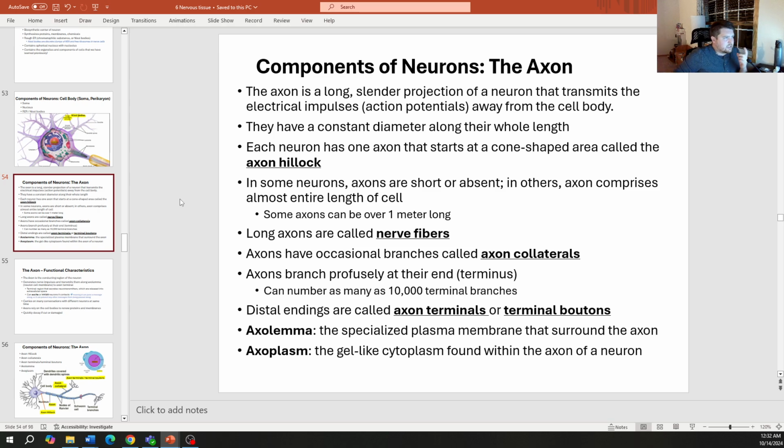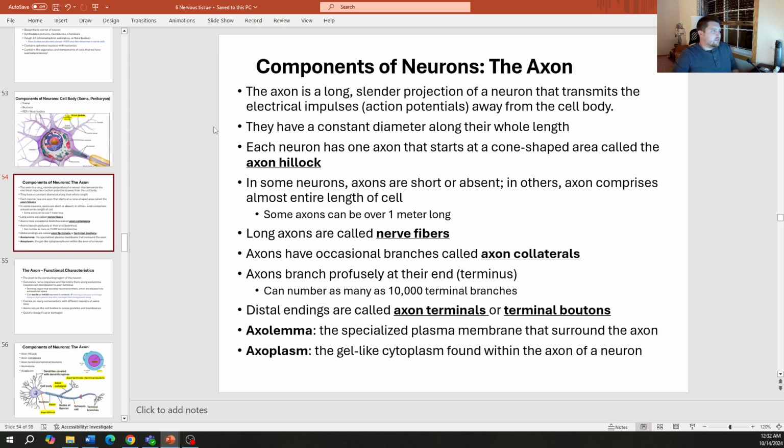Even though the cell body itself, I'm going to call it the soma, that makes things a little bit easier, the soma produces all of these chemicals and everything, it's going to then send the chemical signals down the axon in order for it to travel to other places wherever it needs to connect and pass that message along.